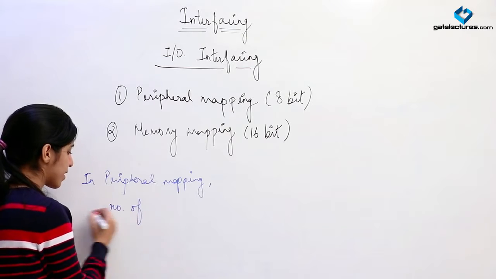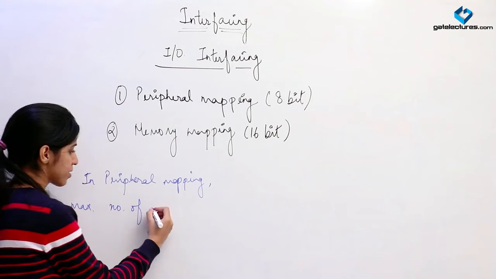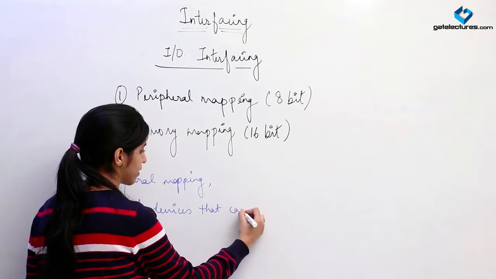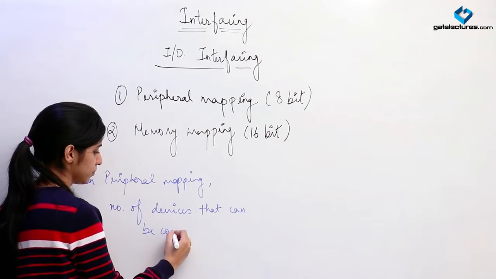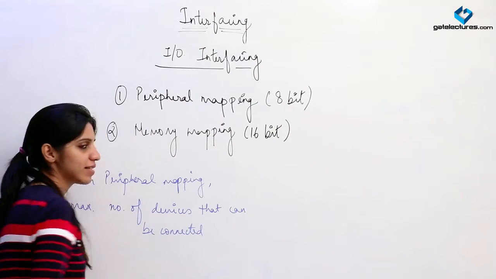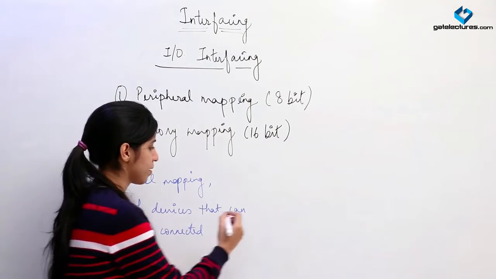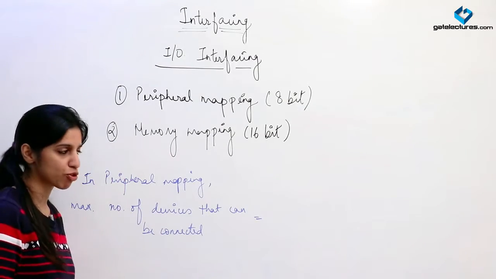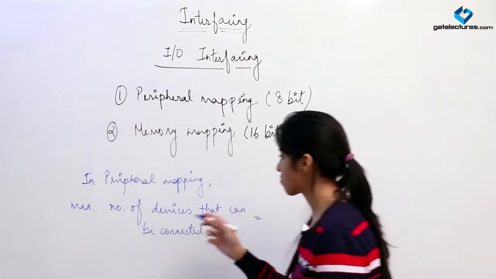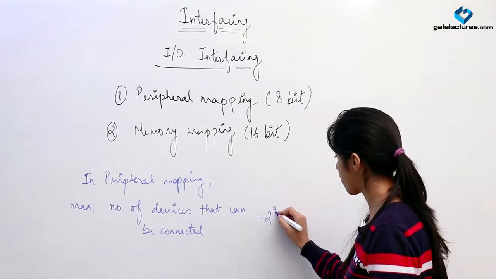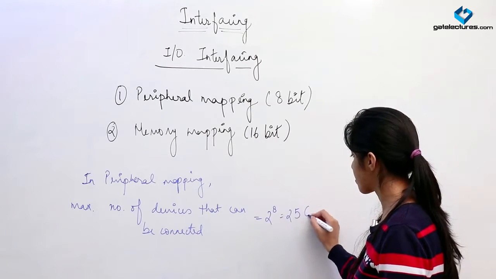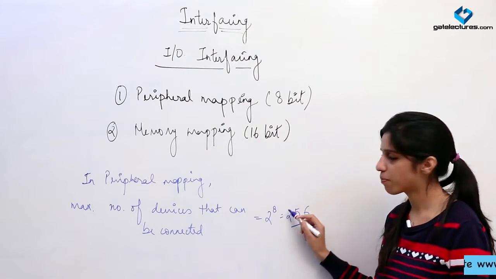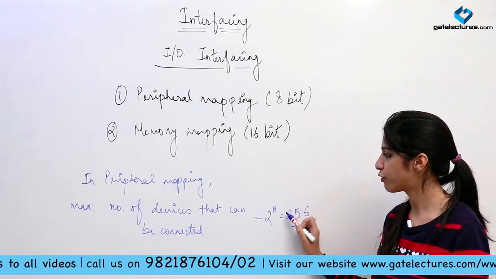Since the address of each device to be connected is 8 bits long, the maximum number of devices that can be connected is 2 to the power 8, or 256. This is a limitation. With peripheral mapping, the maximum number of devices that can be connected is only 256.